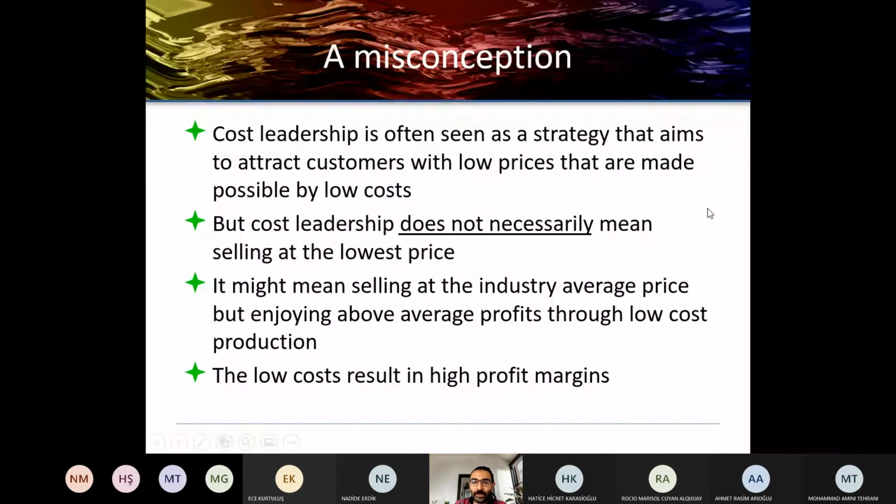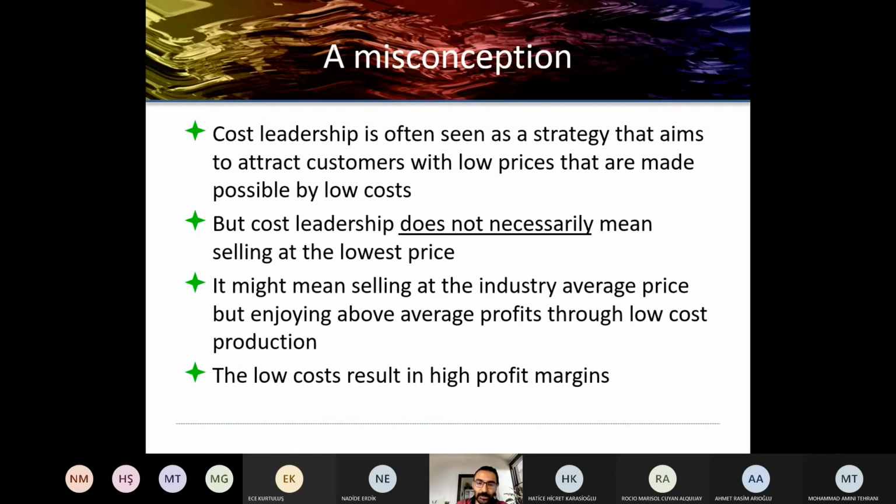So there's a misconception, this is very important. Cost leadership does not necessarily mean that you sell at the lowest price, okay? You can charge an average price, but cost leadership is about controlling your costs. It doesn't mean a cost leader is who sells at the lowest price.